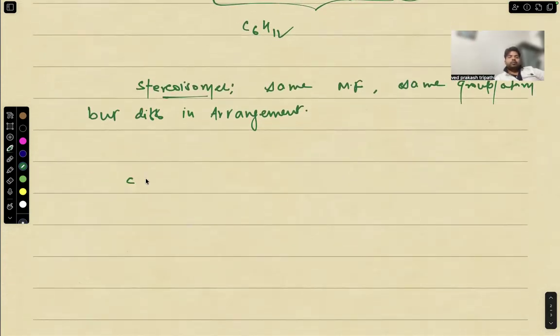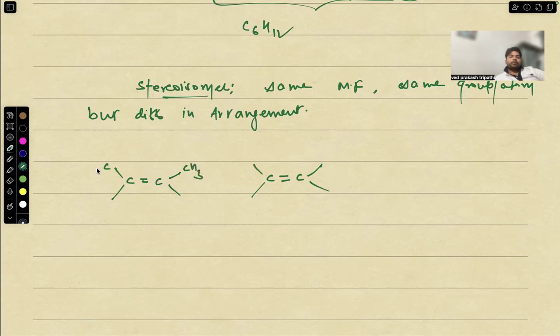For example, if you look at 1 and 2, they are stereoisomers. Why? Because you can see the groups are same, CH3, CH3, CH3, CH3, but arrangement is different. So this is the stereoisomer.